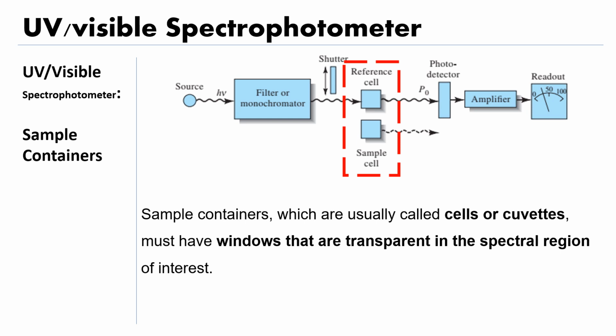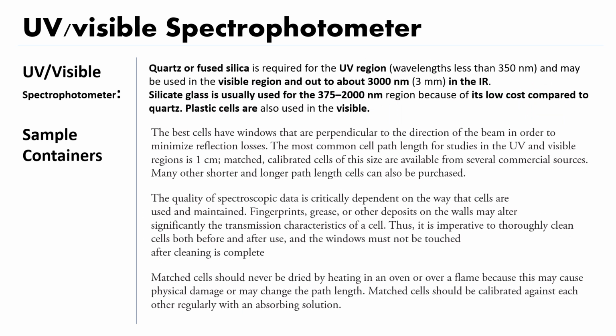These sample containers are called cells or cuvettes, and these cuvettes are square in shape. On this square cell or cuvette, two sides are very transparent so that the rays are transmitted through these two sides. These cuvettes are made of quartz or fused silica.